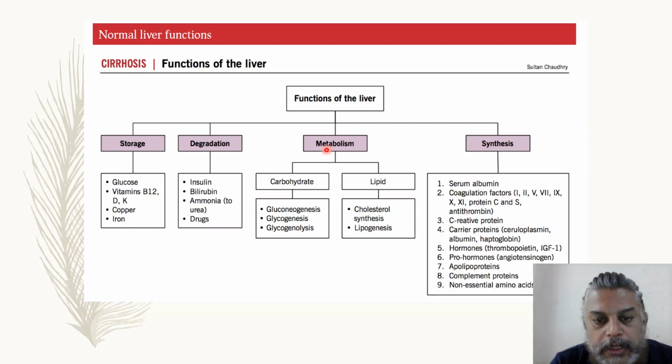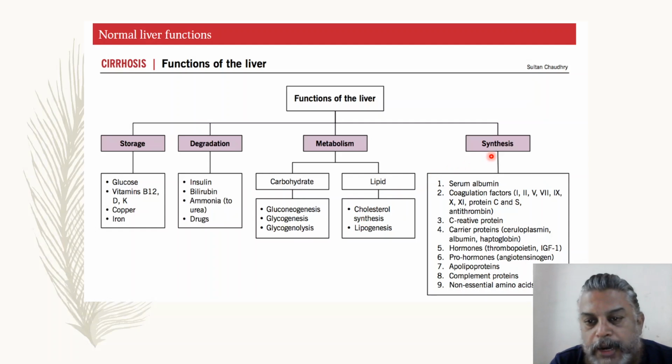It has an active role in metabolism of carbohydrate, that is gluconeogenesis, glycogenesis and glycogenolysis. You must be familiar with these three different entities, that is the formation of glucose from non-carbohydrate sources like amino acids, glycogen from glucose, and glucose from glycogen. Similarly, it has major functions in lipid metabolism, that is cholesterol synthesis and lipogenesis.